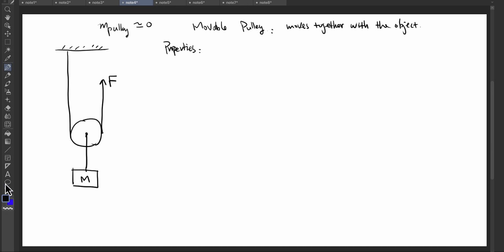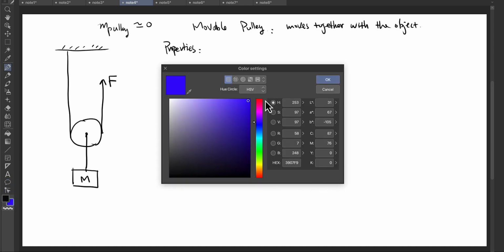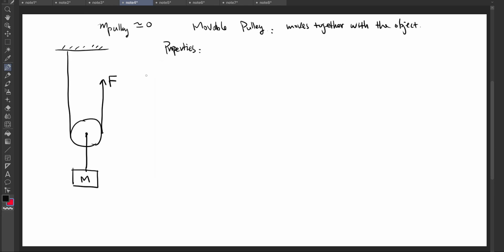So if I draw the free body diagram for this mass M plus the pulley, because the tension force is acting on the pulley, it's not directly acting on the mass M, so that's why we need to add the pulley in our system.